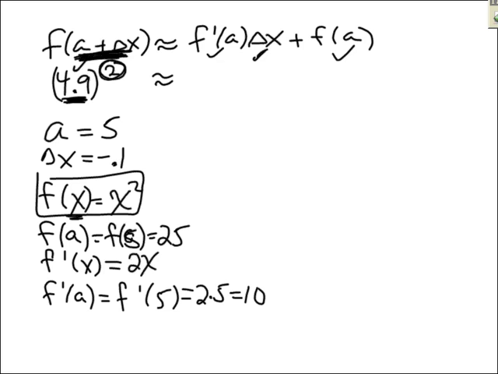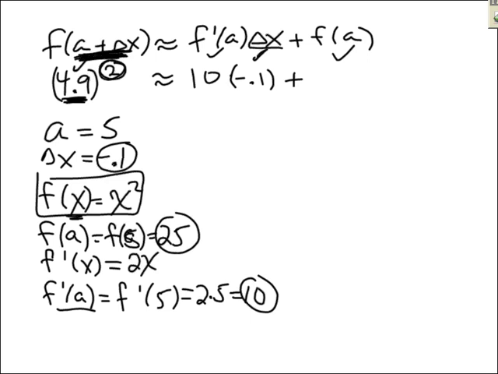So 4.9 squared is approximately f prime of a, which is 10, times negative 0.1, negative 1, plus 25. Very surprised at that answer, but it's 24.